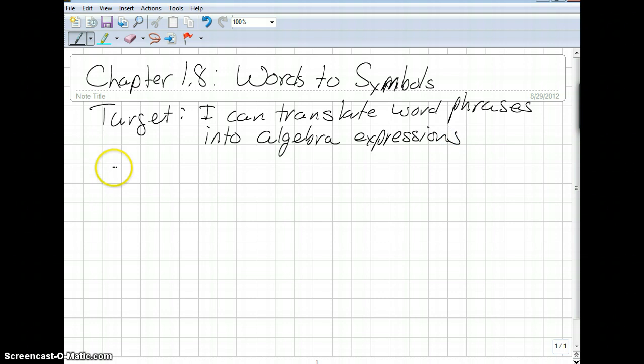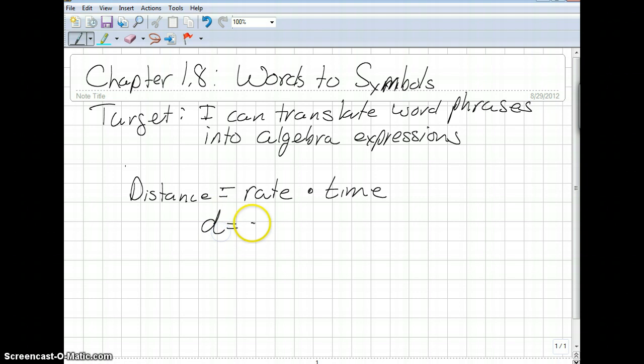Okay. One formula that we often use in these types of problems is what's called the distance formula. The distance formula for uniform motion is equal to the rate times the time.